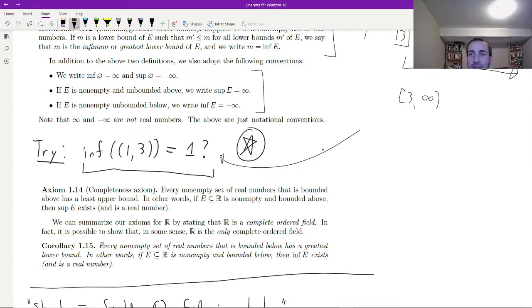The completeness axiom says the following: every non-empty set of real numbers that is bounded above has a least upper bound, and there's a corollary which is equivalent. Every non-empty set of real numbers that is bounded below has a greatest lower bound. In other words, even though maximums and minimums don't necessarily exist, supremums and infimums always do exist.